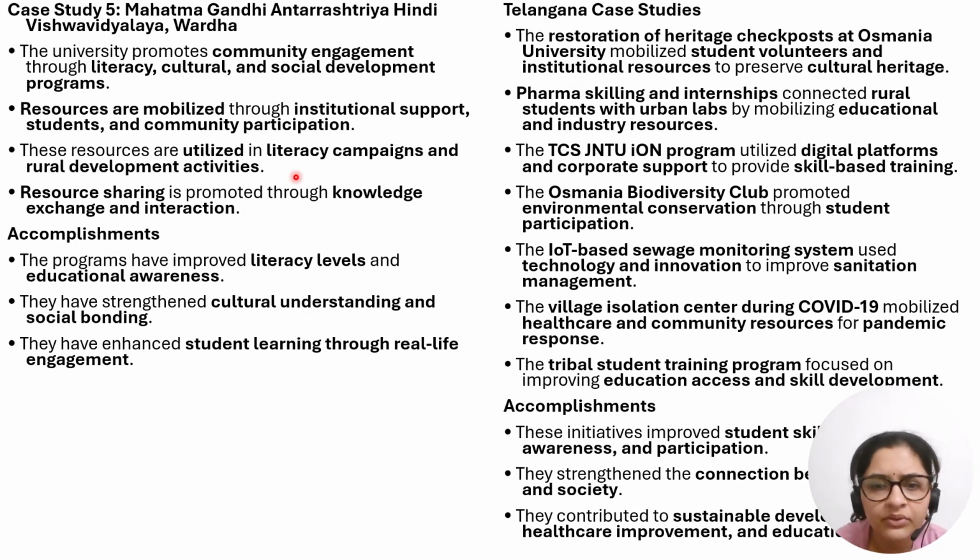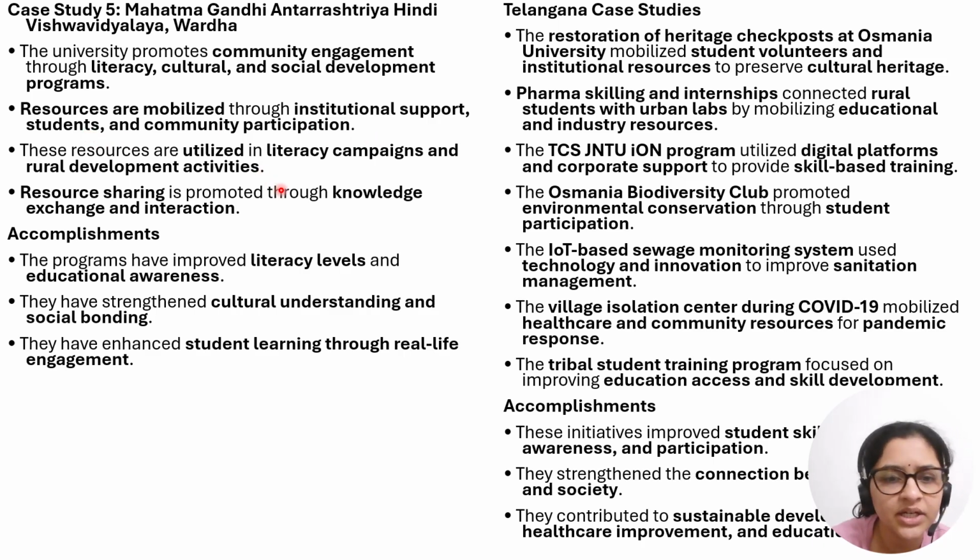So, in the same way, you can go through the second case study, that is Mahatma Gandhi Antarrashtriya Hindi Vishwavidyalaya, Wardha. This university has taken up community engagement through literacy, cultural, and social development programs. Resource mobilization through institutional support, students, and community participation.